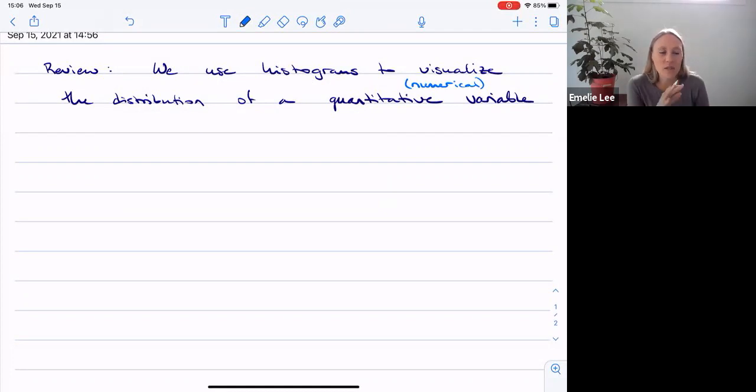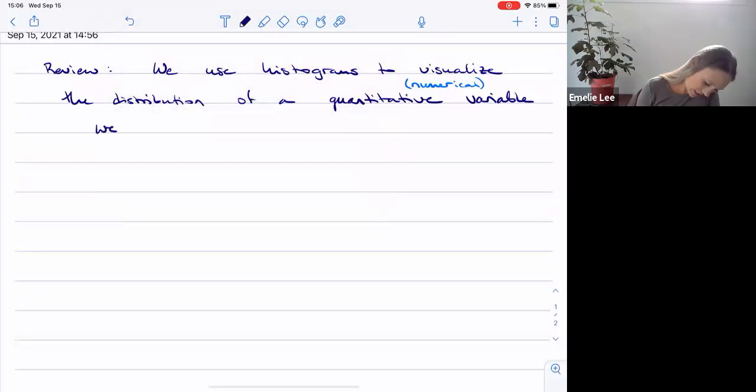And so we use histograms to visualize the distributions, and we're looking at things like the shape mostly, which is what we're going to talk about next, but we're also talking about the center, so where most of the data is located. And so we look at the shape, the center, and the spread, typically.